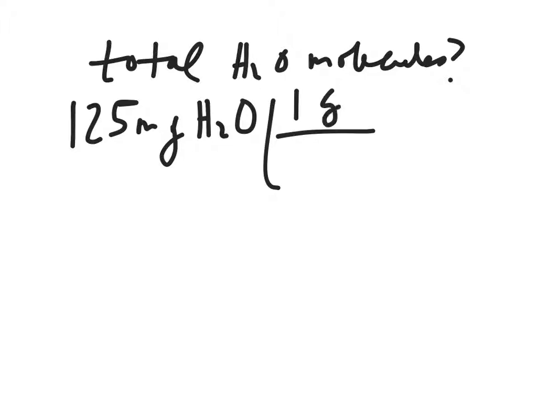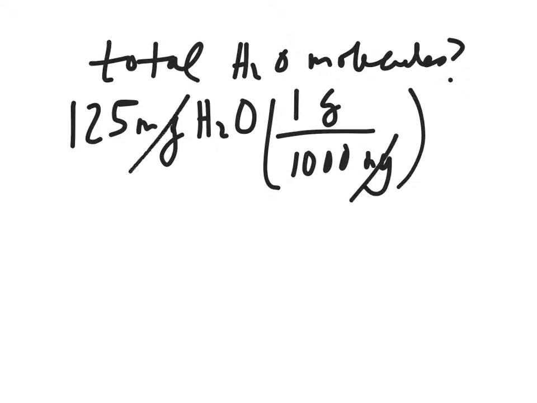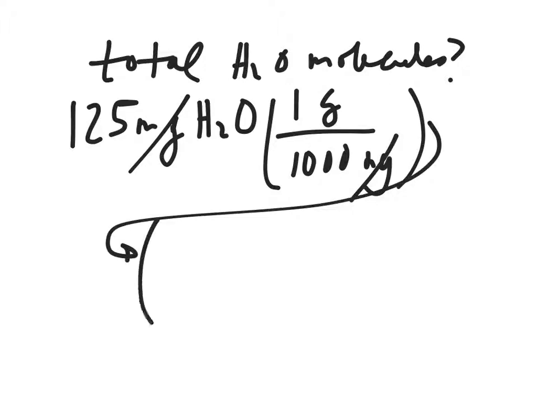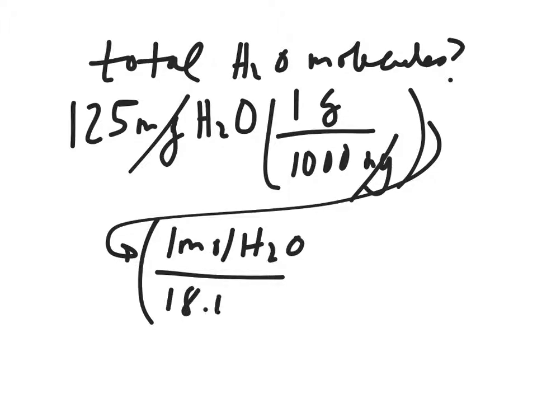I know that 1 gram is 1,000 mgs. My mgs cancel out. I can keep going with that multiplication because I know that 1 mole of water is 18.02 grams. Now my grams have canceled out, leaving me with units of moles water. So that's where we stopped the last calculation we just did.